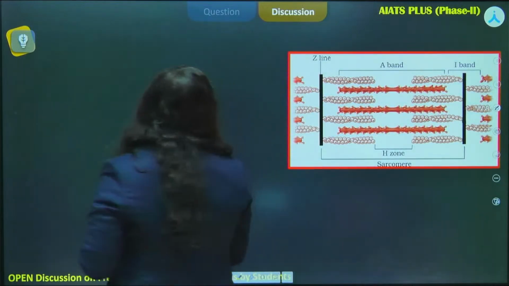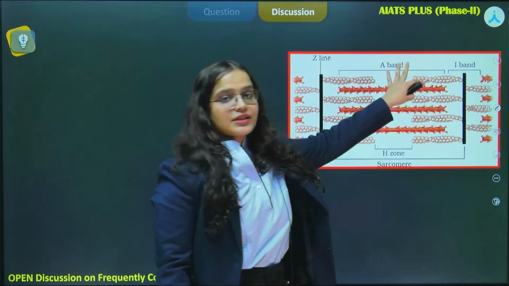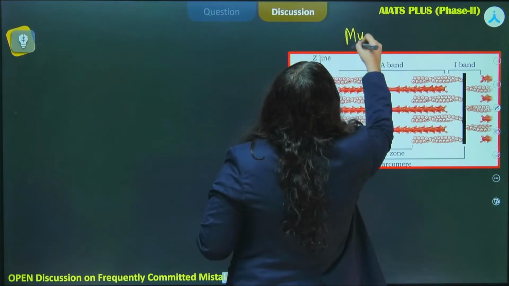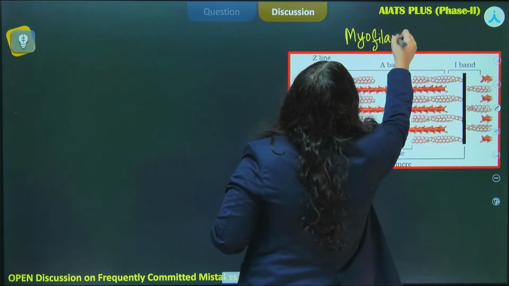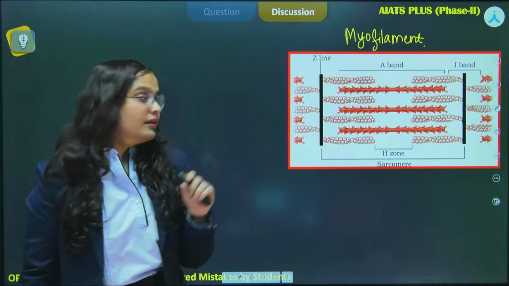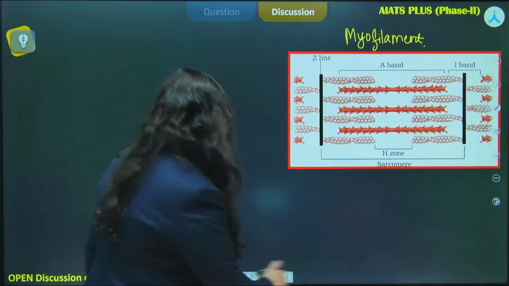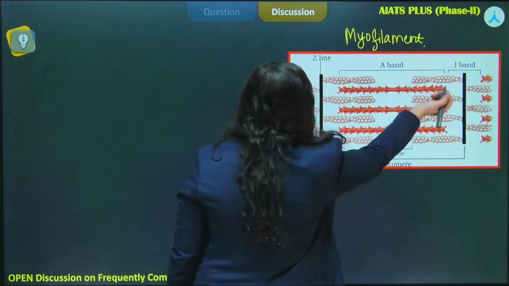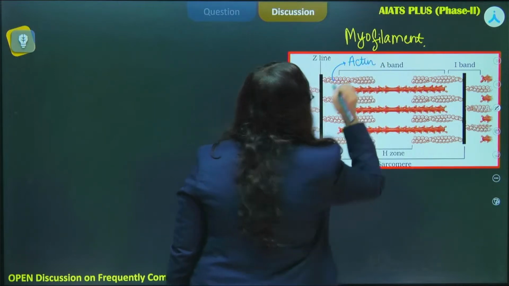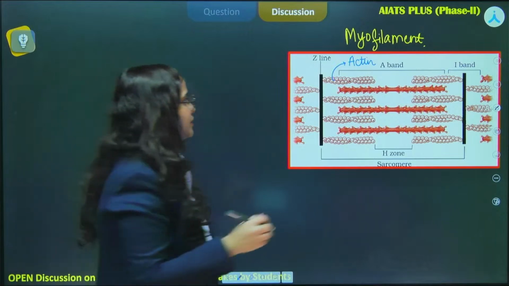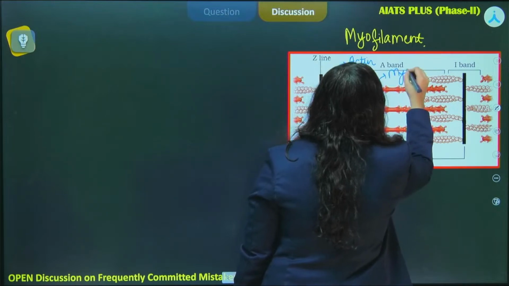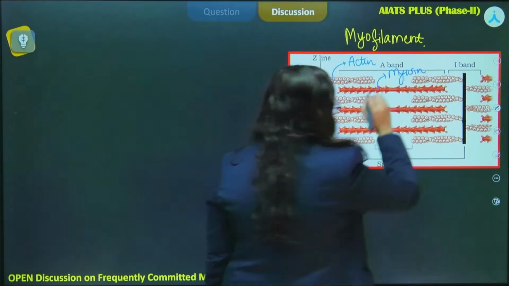So we further move to our discussion, and here you can see a structure, which is a diagram taken from the NCERT, and this is a diagram of a myofilament, and we can see that we have the thick and thin myofilament that I talked about, and that thick and thin myofilament here is actin, which is the thin myofilament, and then we have myosin, which is the thick myofilament.